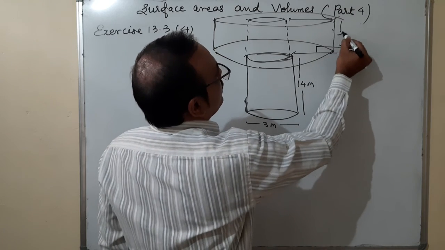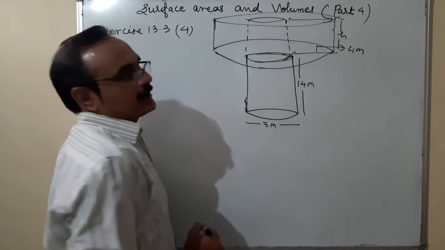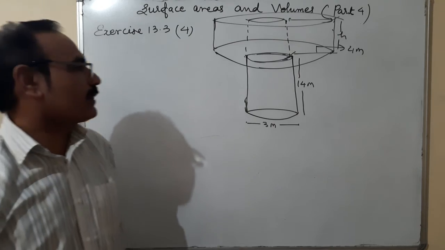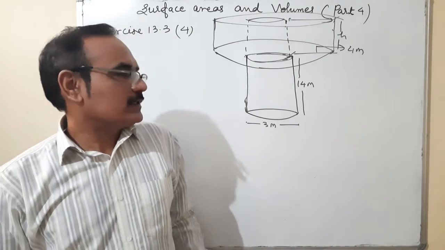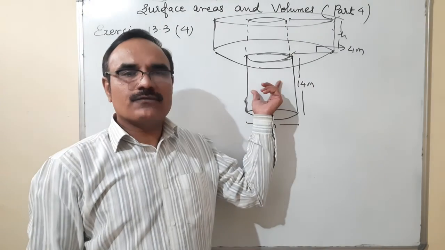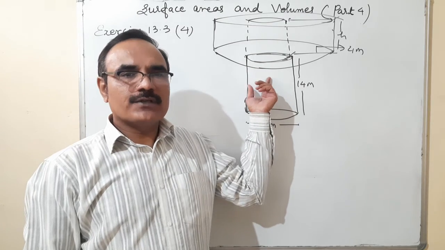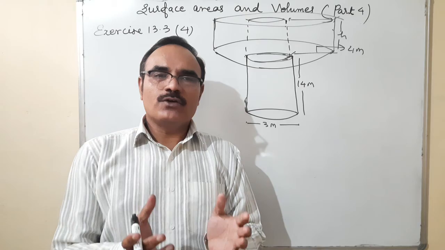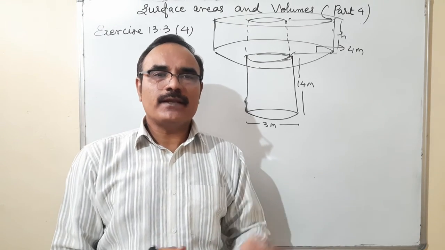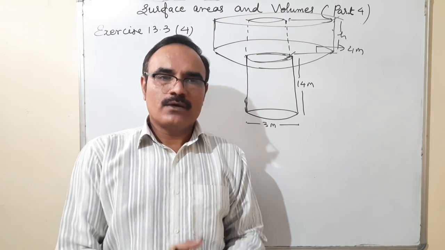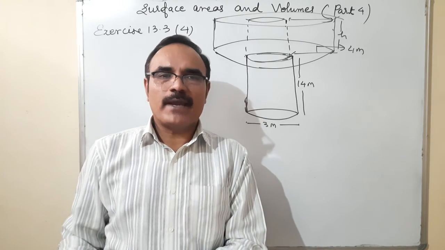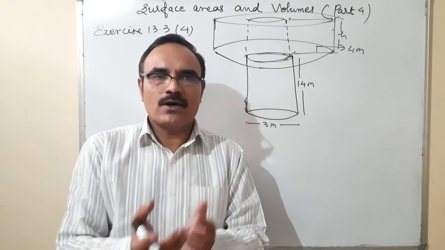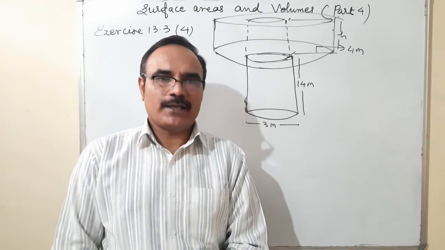We are going to find the height of the embankment. One concept is clear: the amount of earth taken out from the well is completely used for making the embankment. That means the volume of the well is equal to the volume of the embankment.